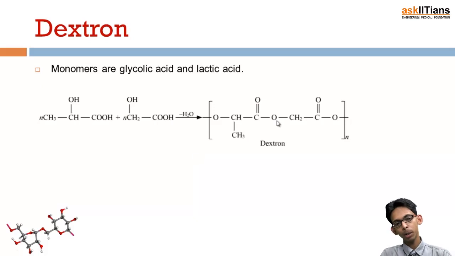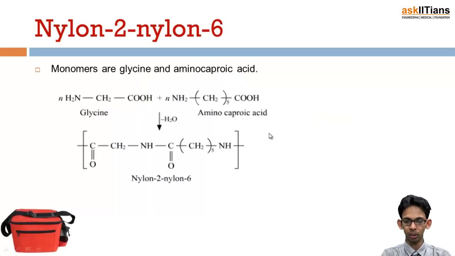Next biodegradable polymer is dextron, and its monomers are glycolic acid and lactic acid. Again, these two combine with elimination of a water molecule and result in formation of dextron. Another one is nylon 2, nylon 6. Its monomers are glycine, which is an amino acid, and aminocaproic acid. Glycine and aminocaproic acid, both are amino acids. They undergo condensation reactions to form nylon 2, nylon 6, which is, yes, biodegradable.